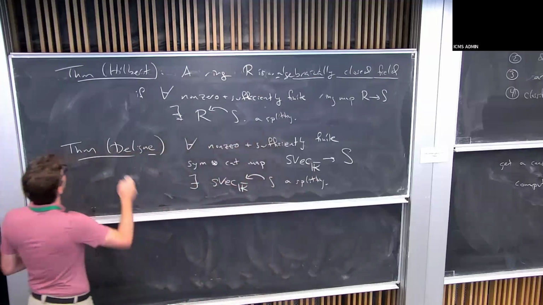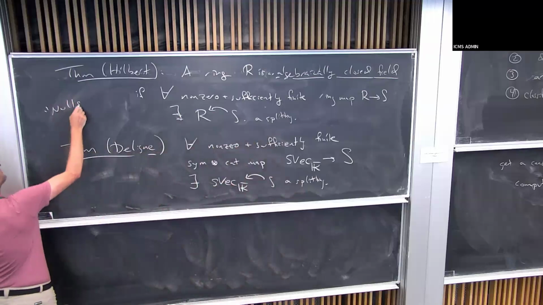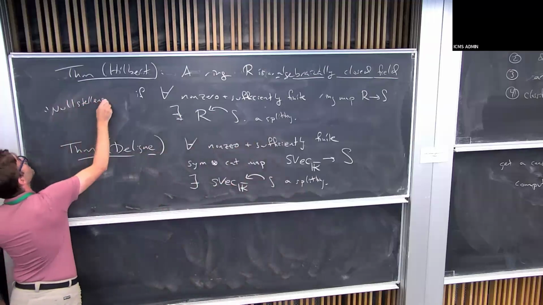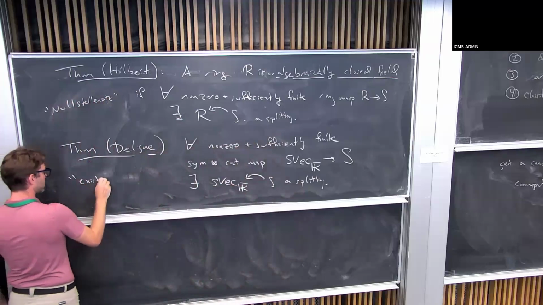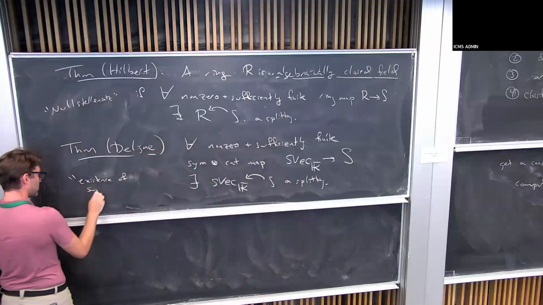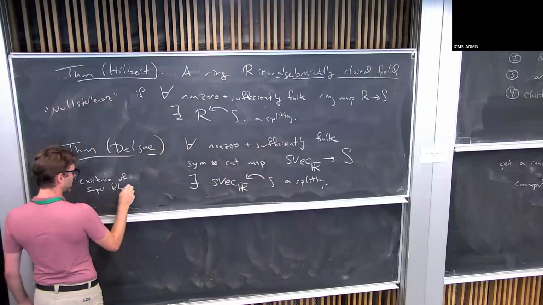As I said, this is called the Nullstellensatz. And this is called existence of fiber functors.